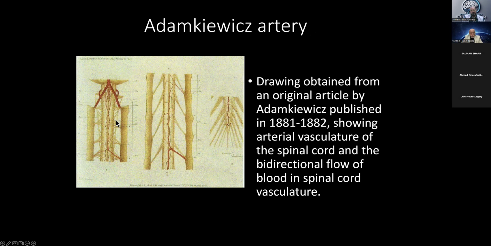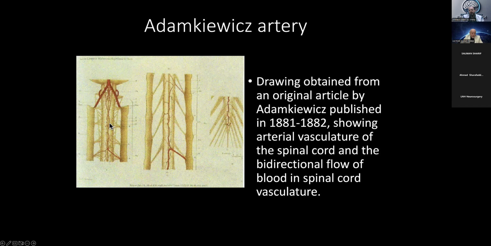Here we have a representation of the great anterior spinal artery, known as the Adamkiewicz artery, that has a special flow, the great flow to the lumbosacral region, but it connects to the thoracic artery to irrigate the thoracic aspect of the spinal cord.